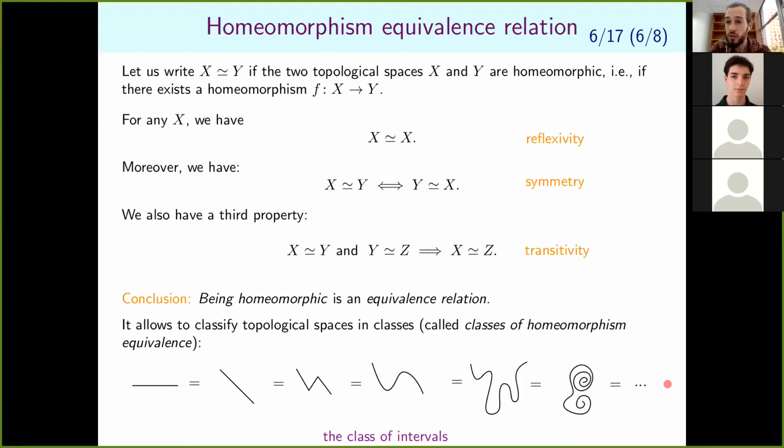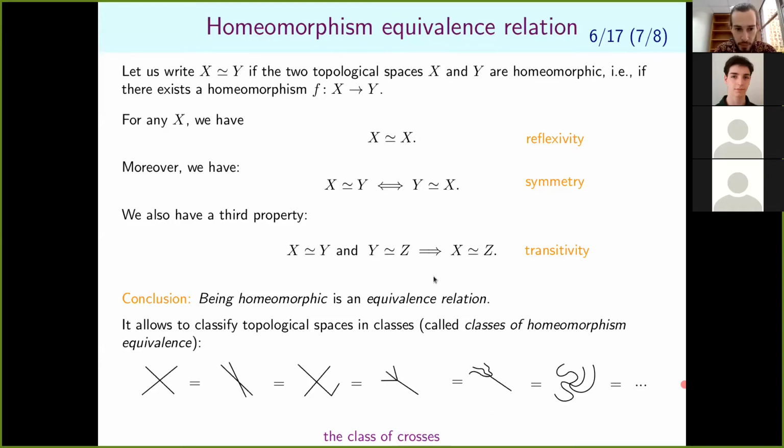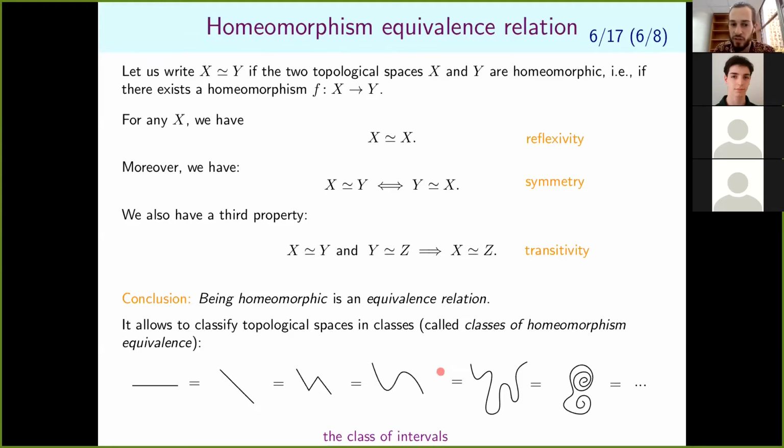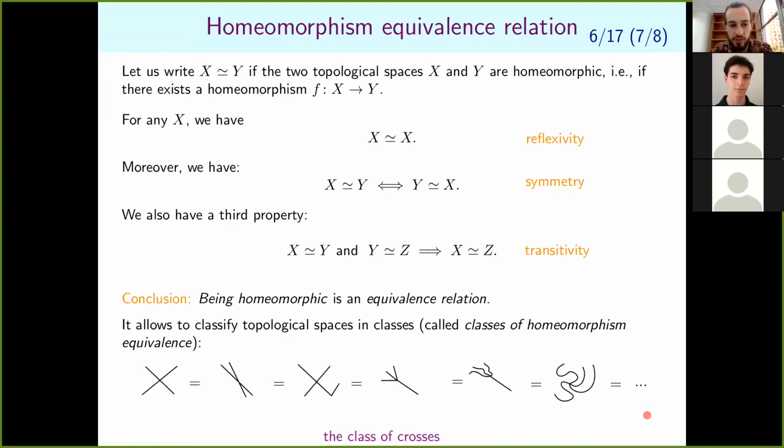We also have the class of intervals, all the spaces that are homeomorphic to intervals. We also have the crosses, for instance. The class of crosses is different from the class of intervals, because we will show in a few minutes that these two spaces are not homeomorphic.